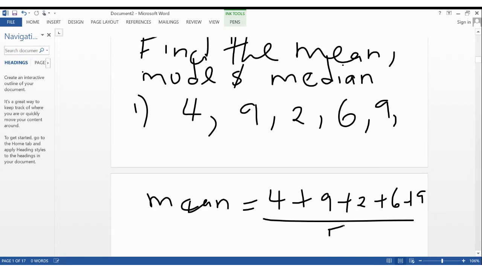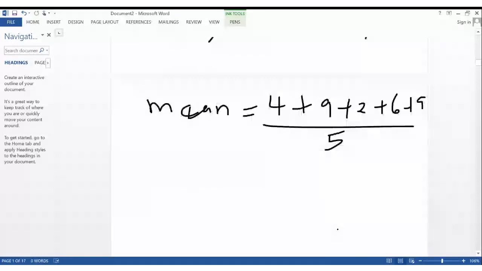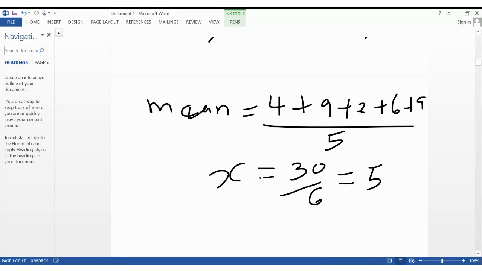So 4 plus 9 is 13. 13 plus 2 is 15. 15 plus 6 is 21. 21 plus 9 is 30. All over 5. The mean is the same as x bar. We call it x bar. So that's how you get the mean for the data.